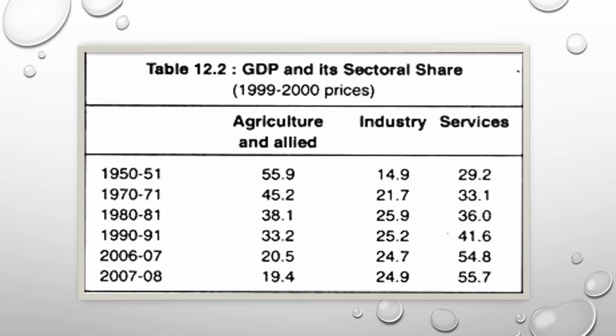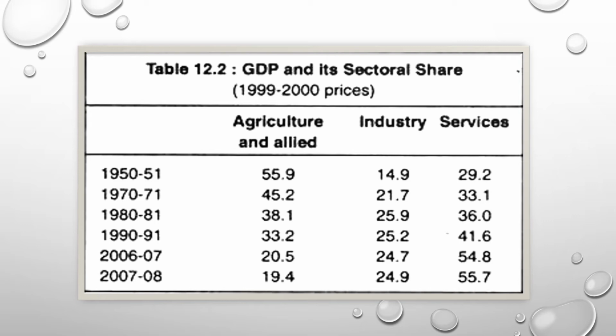In 1970-71, our industrial sector and service sector improved a little bit. During that time also, agricultural sector contribution was very high. But in 1980-81 also the scenario was the same. In 1990-91 the scenario was almost the same, similar to 1980-81.